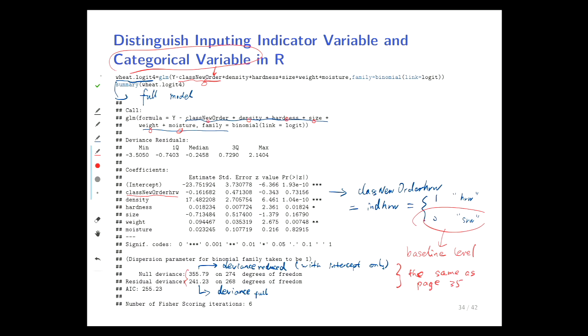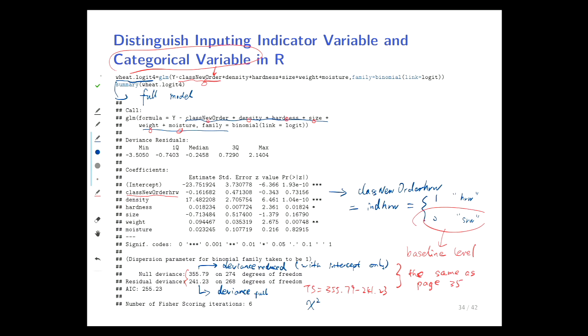So the test statistic should be equal to 355.79 minus 241.23. And what you can do here is compare this test statistic to the chi-square distribution. The chi-square distribution here has degrees of freedom equal to the number of coefficients being tested.